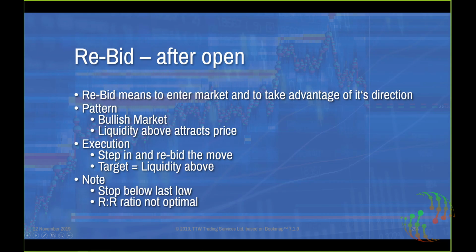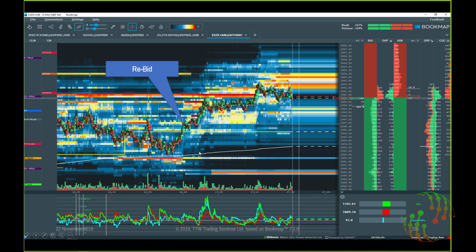Stop below last low, and you have to be aware that the risk reward ratio is not optimal in this case, because look here, the market was pre-open a little bit sideways, but we had enough information in the preparation that the market is likely to go up and to trade up.